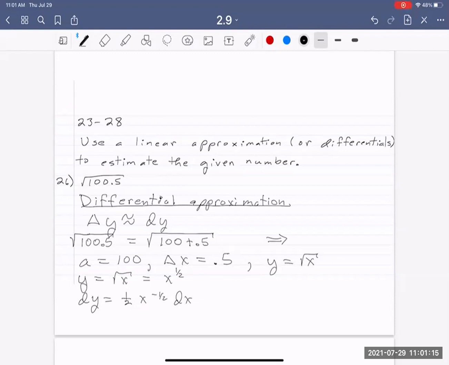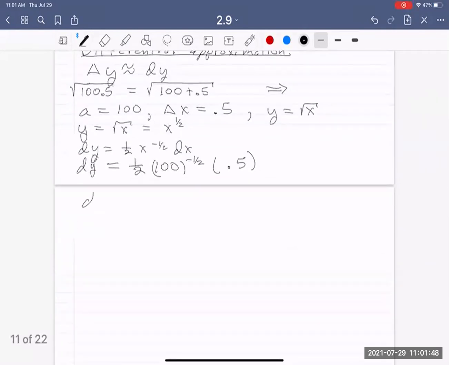Okay, so let's figure out what this is. So dy is equal to 1/2. Plug in A, or x, 100. And plug in delta x, dx, 0.5. And so I get that dy is equal to 1/2.